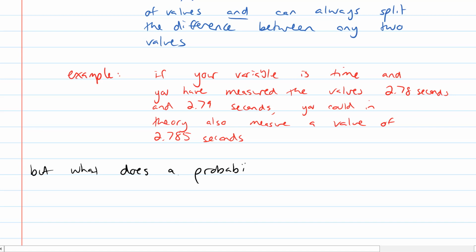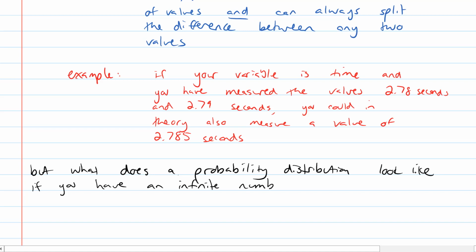So what does a probability distribution look like if you have an infinite number of values that your variable could take?